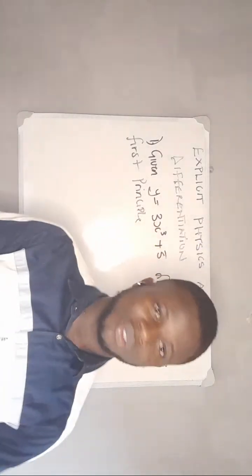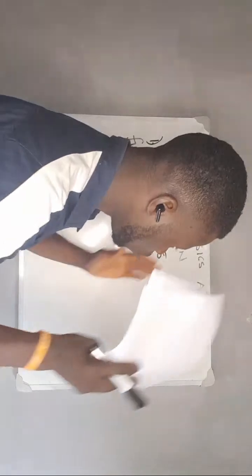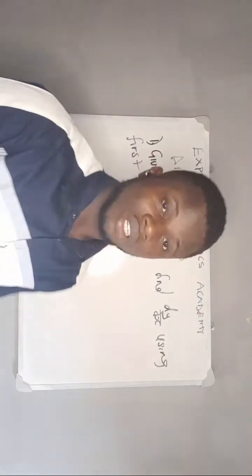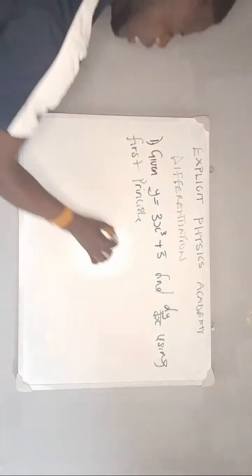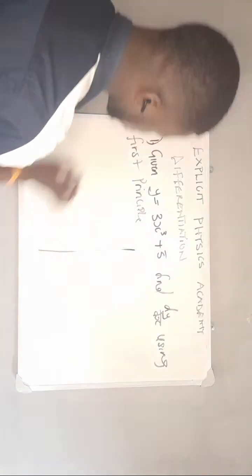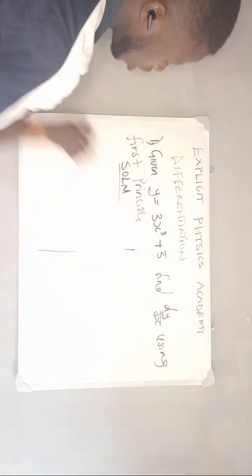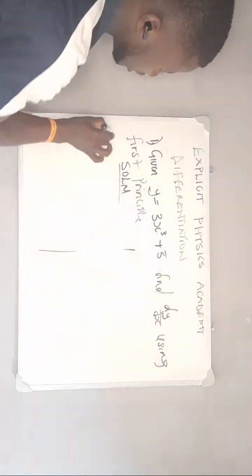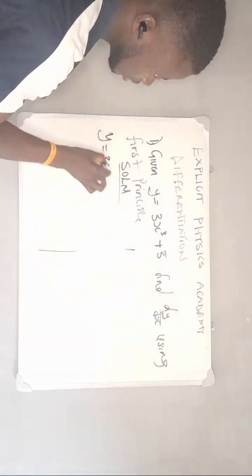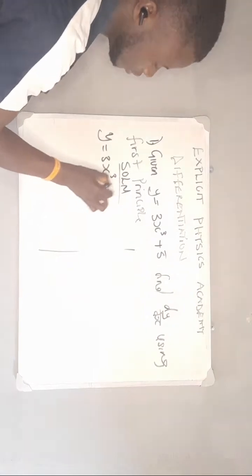You know that there are other ways of solving it, but in this particular question, they have been precise to tell us that we should use first principle. Okay, so let's solve it. It's quite simple. Let me divide the board into 2 and write the solution here. The question is y is equal to 3x cubed plus 5.